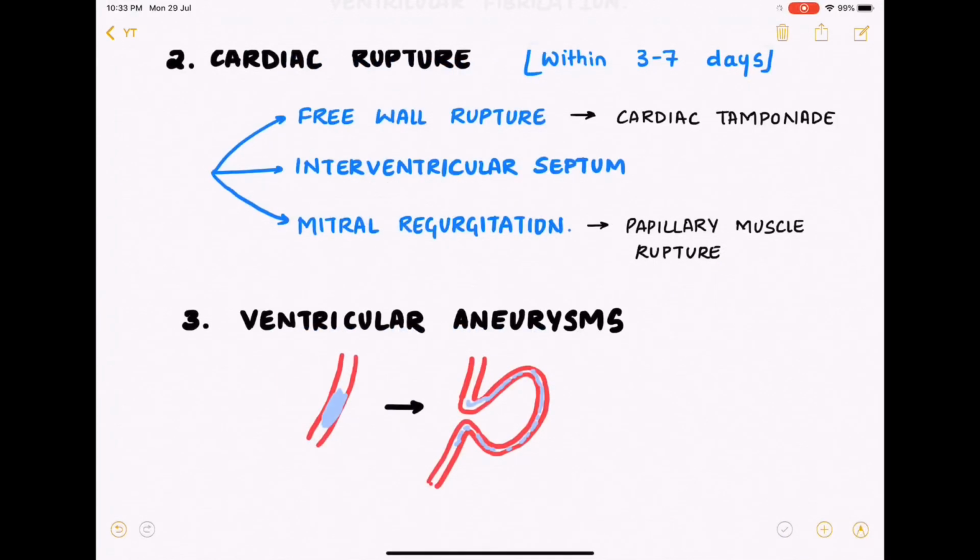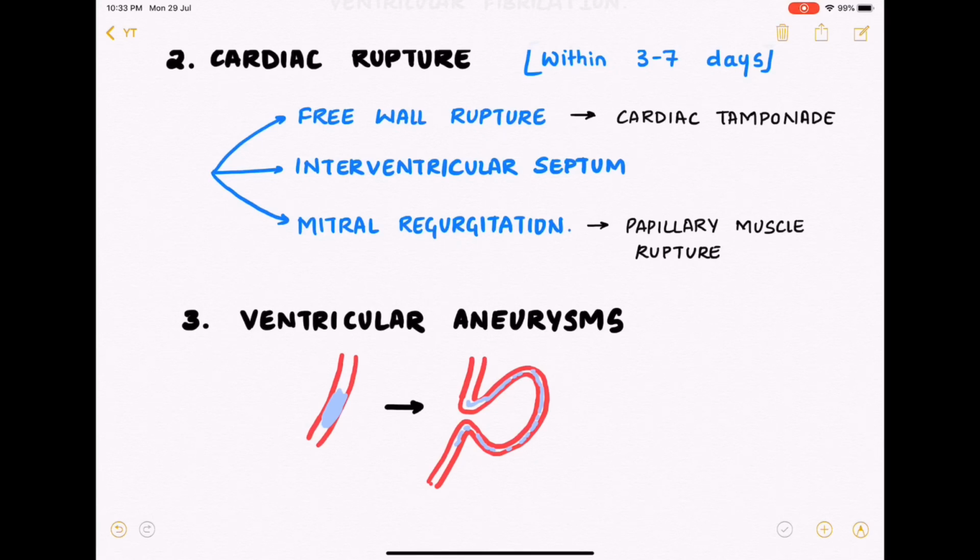We could also see ventricular aneurysms as one of the complications, where a part of the ventricular wall becomes weak because of scarring. Now, that part may undergo aneurysm. Now that there is a separate pouch, that is aneurysm of blood which is caused. Now, the blood in the area may undergo clotting, or this aneurysm may further rupture.